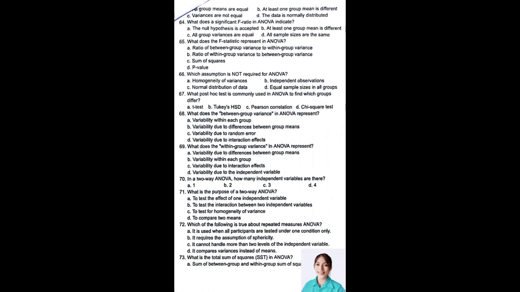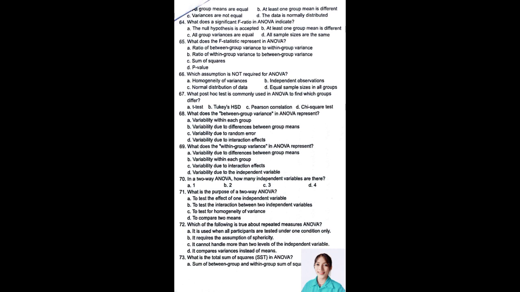Next is 78. What happens if the assumptions of ANOVA are violated? If the assumptions of ANOVA are violated, the results may become unreliable. So that's in option B. Number 79 is, what is the alternative to ANOVA when assumptions are violated?